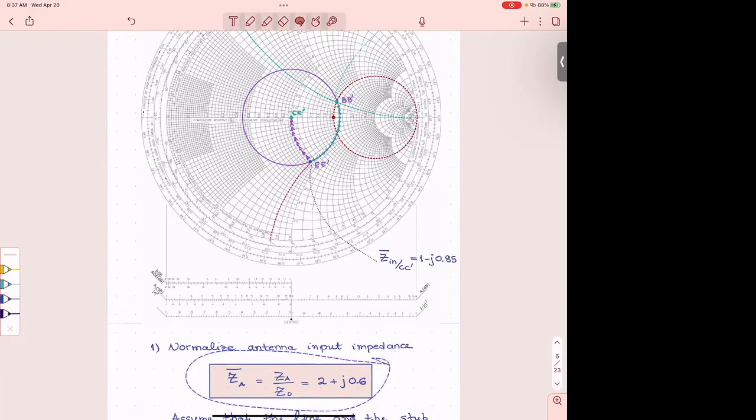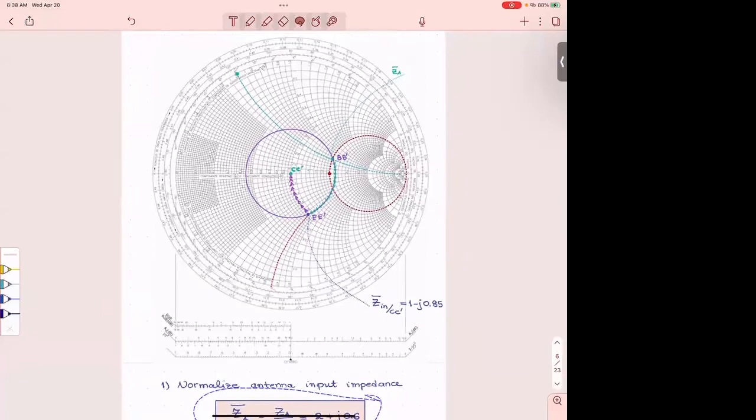It says that the normalized reactive part of the load ZA is positive and is 0.6. So positive is on the upper half of the circle. I'm reading around here, and I found 0.6 here at the green dot on the outer perimeter of the circle. And then from there, I draw the green dotted line, which is the part of these circles that goes through 0.6.